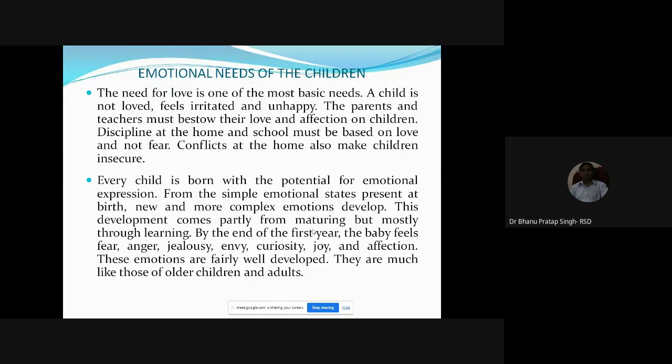By the end of the first year, the baby feels fear, anger, jealousy, envy, curiosity, joy, affection, and these emotions are fairly well developed, even well modified, based on learning, teaching method, and the environment of school and family.